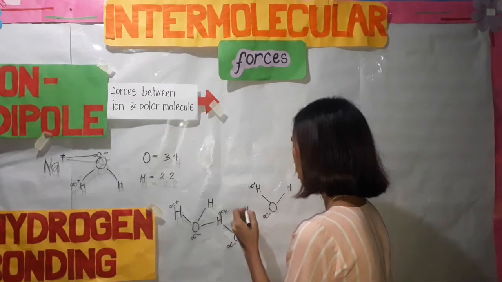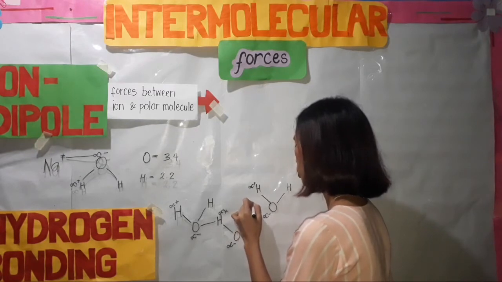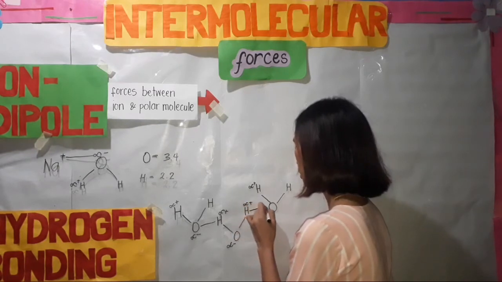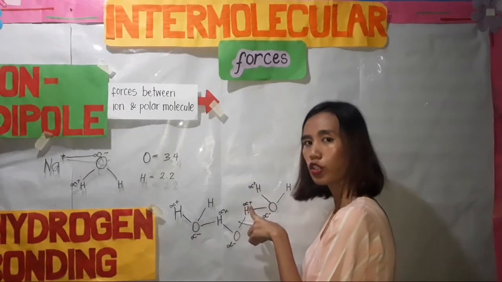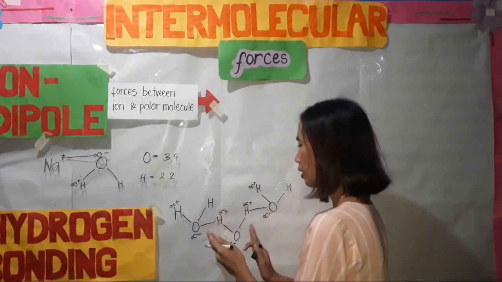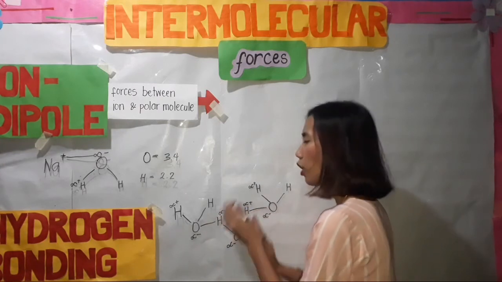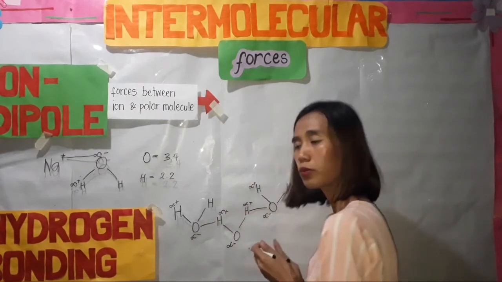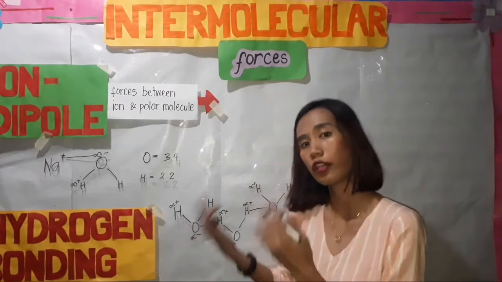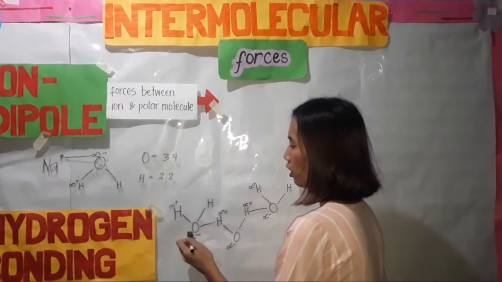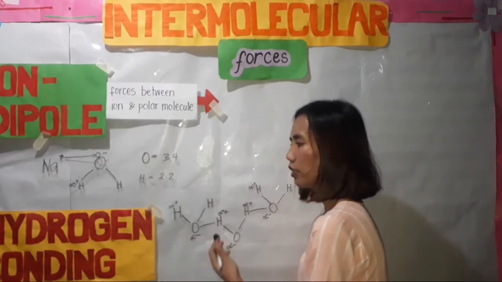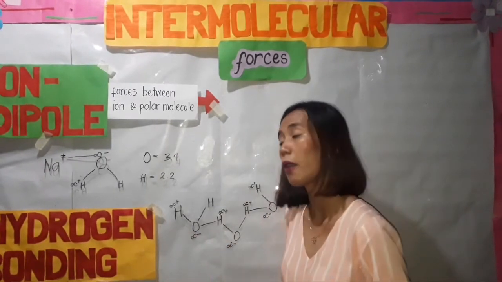The positive charge of one molecule is attracted to the negative charge of another molecule. So the bond between oxygen and hydrogen is what we call hydrogen bonding.